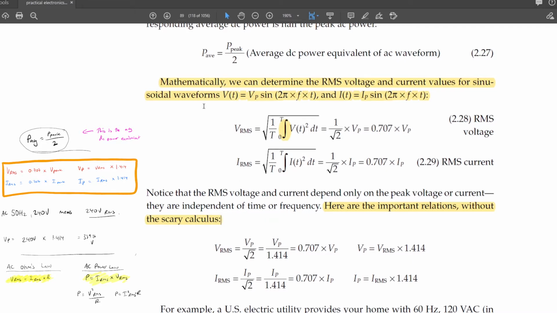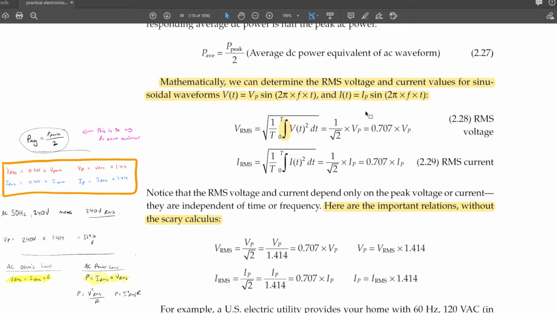And when I'm looking at it here, so we've got the voltage root mean square value, and that's equal to a bunch of calculus, some integral, some d stuff, which is equal to 1 over the square root of 2 times the peak voltage.